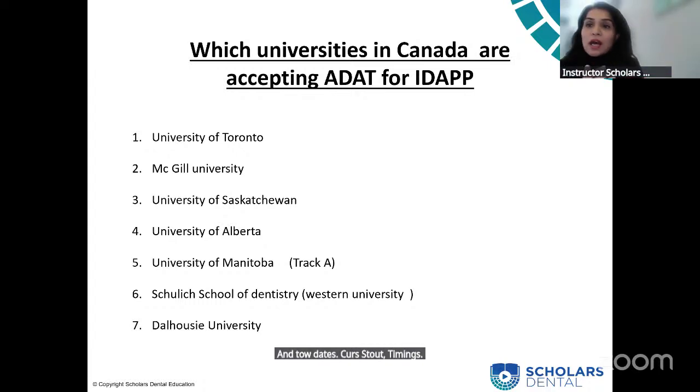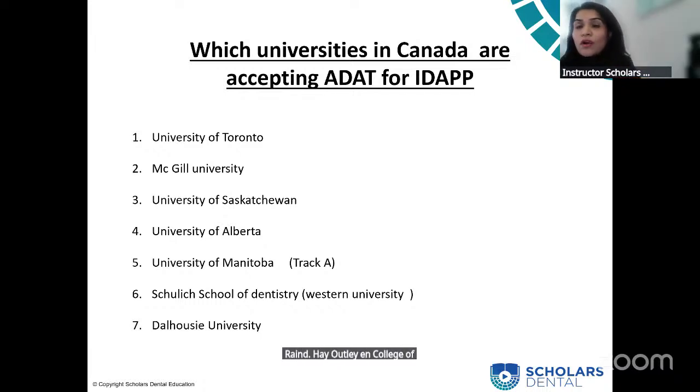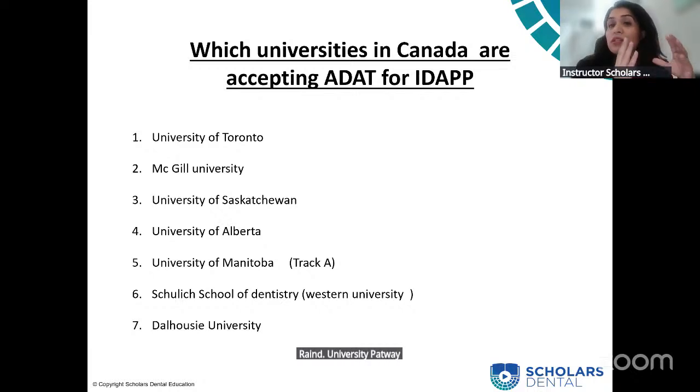I would strongly encourage all of you who are interested in the university pathway to go to the respective universities, carefully note down all the relevant details, and plan your exam and your future steps accordingly.